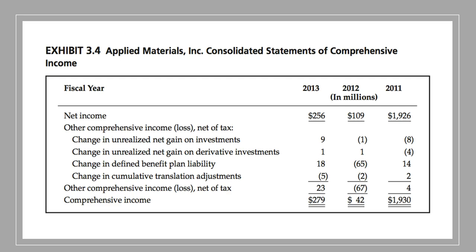What happened to them over time? Did they increase or decrease in value? Since we didn't sell them, we didn't actually get any cash. But if they increased in value, say from 20 to 29, they show that as an unrealized gain of 9, and they record that as other comprehensive income. Same thing, we have an unrealized gain on derivative investments.